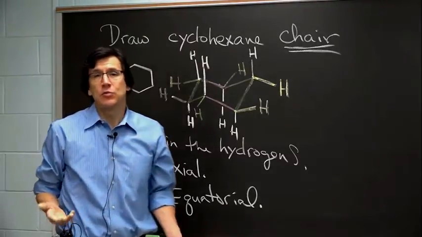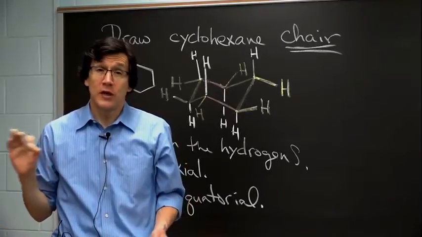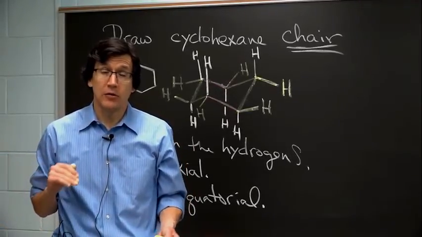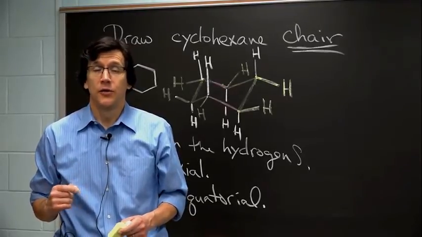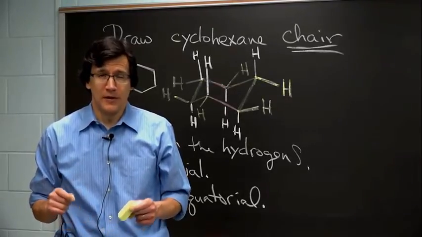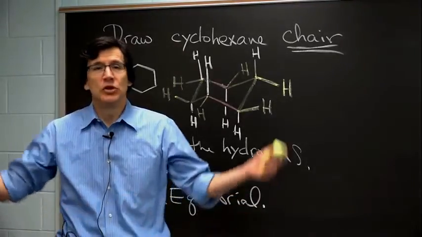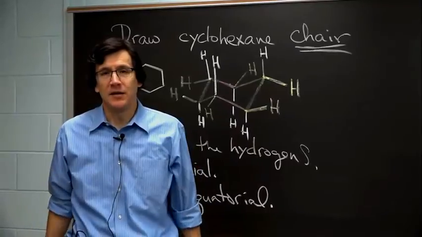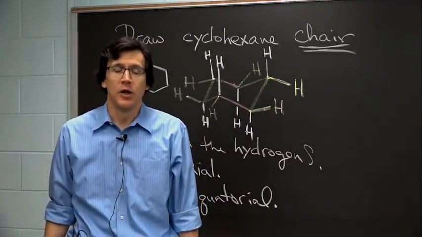And then the last thing you would do would be to fill in the equatorial substituents, being sure that each carbon has an up group and a down group, and being sure that the equatorial bonds are parallel to the ring carbon-carbon bond that's once removed. Okay? So do that 10 times, and I think you'll be well on your way to being a good cyclohexane chair drawer.